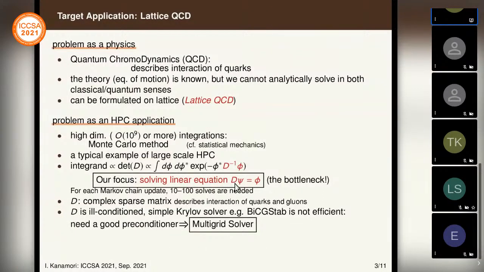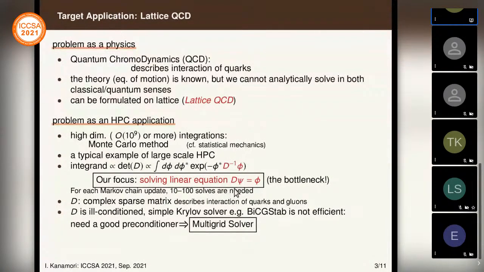Typical size of this D is nowadays more than 10 to the 8th or 10 to the 9th. And then we need to solve this equation a lot of times during the simulations. Also, as the parameters in this simulated system become more realistic, this D becomes more ill-conditioned.